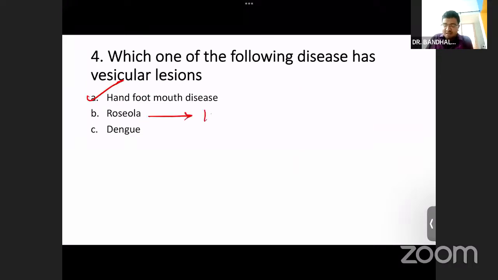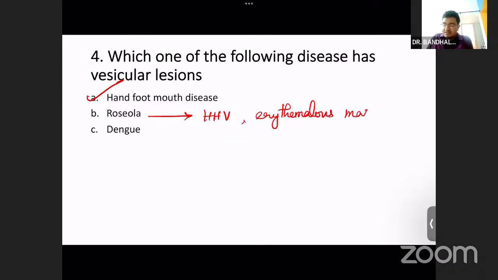Roseola is caused by HHV and it is characterized by erythematous papules, a maculopapular rash.